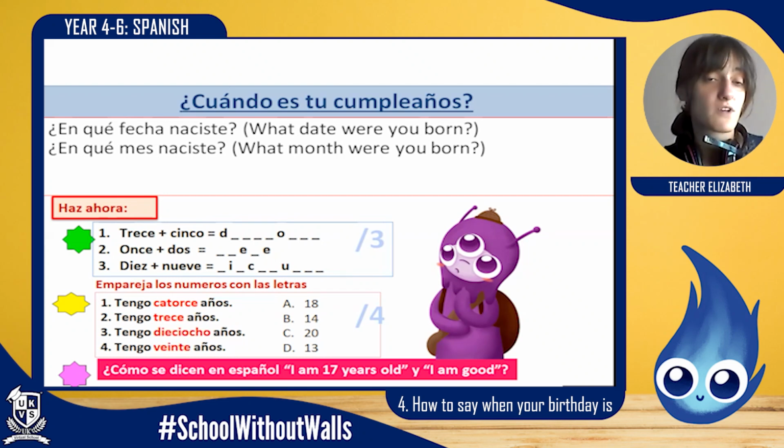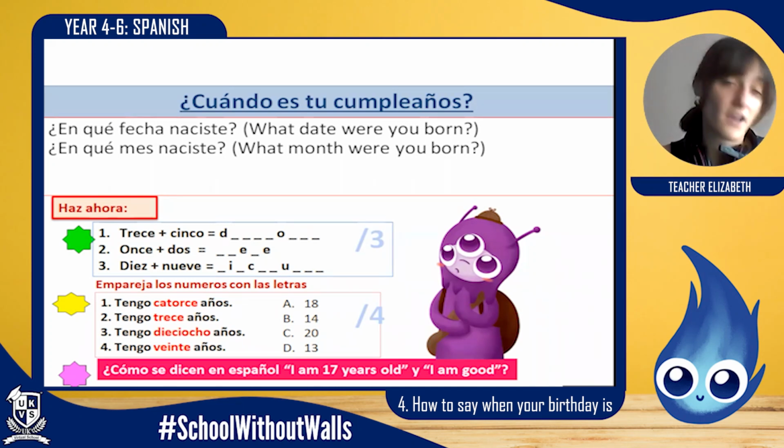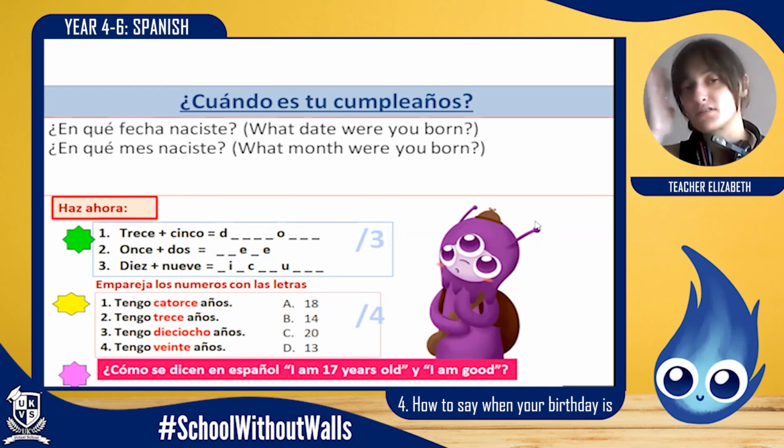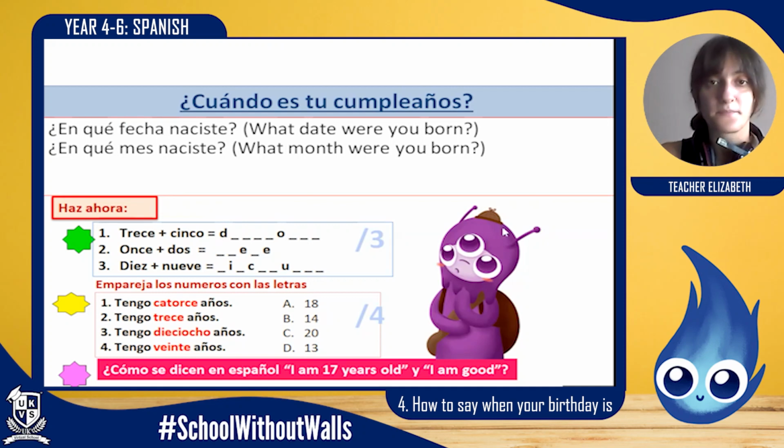Entonces, vamos a ver, si tengo 14 años, basically means I am that many years old. So you're going to have to guess what 14, 13, 18 y 20 is, and then you're going to have to match it up. No reason to copy all of this in your notebook, as I said. Just to keep track of what we're doing, you can just write uno and then a, dos, no sé, lo que sea.